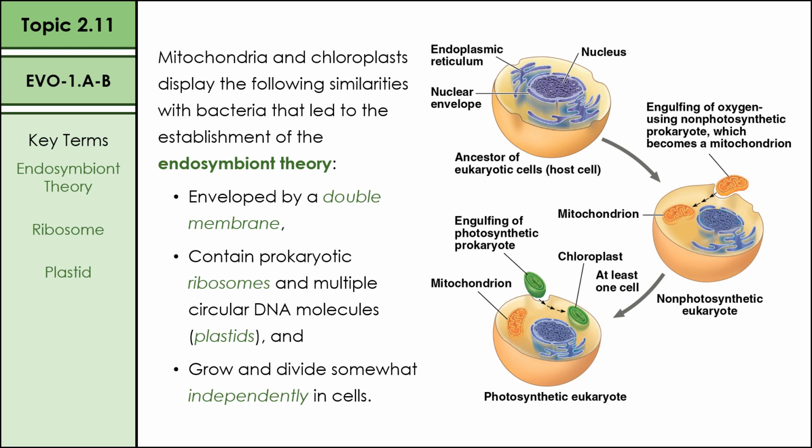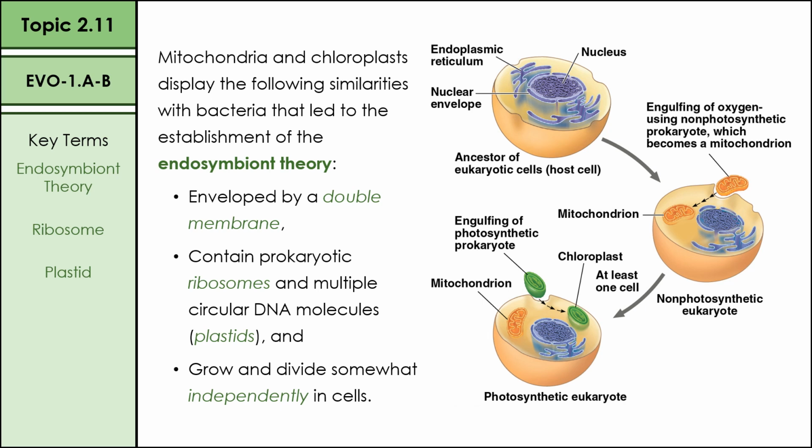First, they are enveloped by a double membrane, the outer membrane of which is more similar to that of the eukaryotic cell, and the inner membrane more similar to that of a prokaryotic cell. Second, both mitochondria and chloroplasts contain ribosomes that are more similar in structure to prokaryotic cells than those we find in the eukaryotic cell, and multiple circular DNA molecules called plasmids.